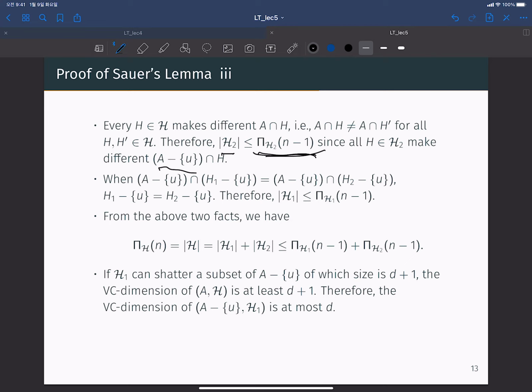Okay, so this is the growth function for H2.